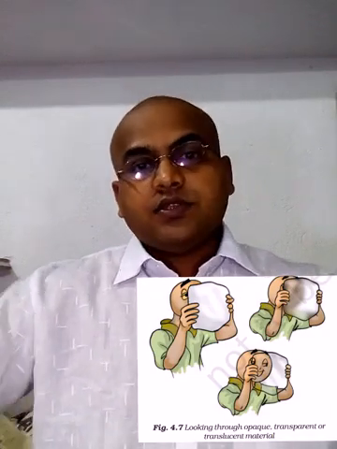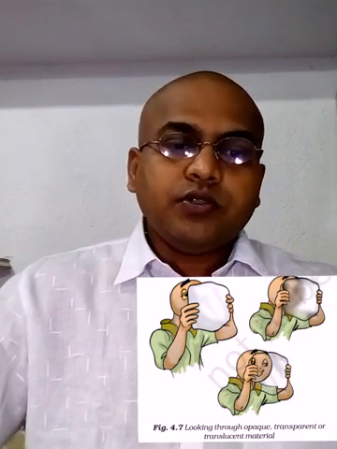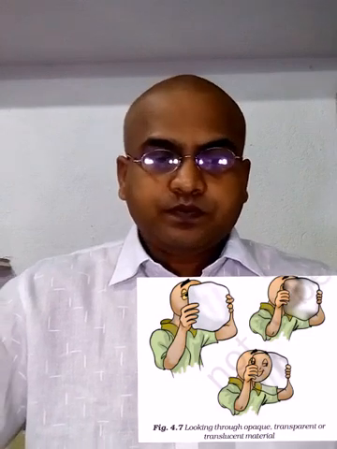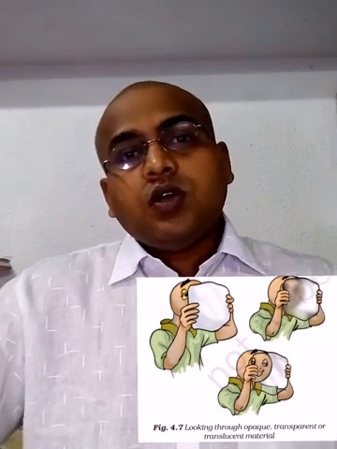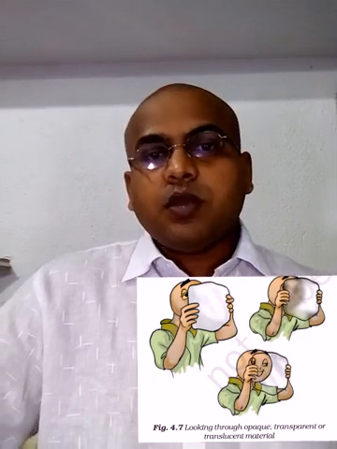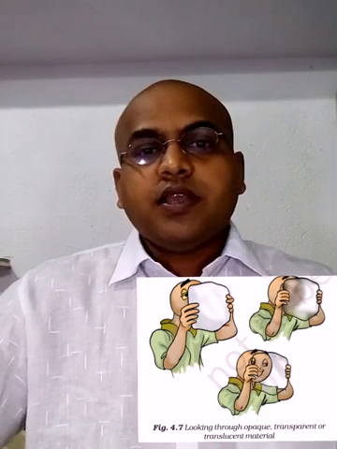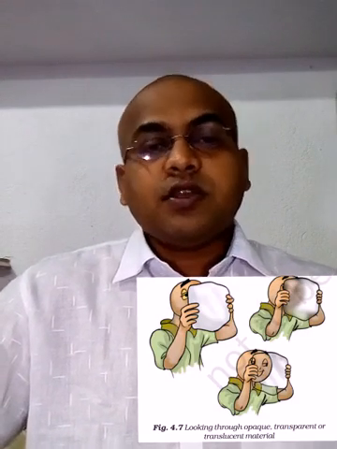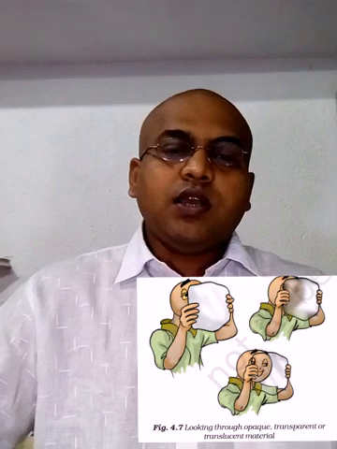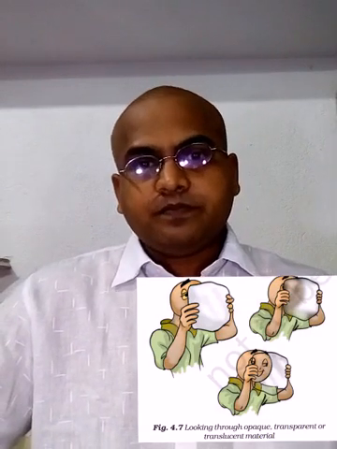Then what will happen? Your friend is able to see you. So through some materials we are able to see the opposite side, and through some other materials we are not able to see the other side.